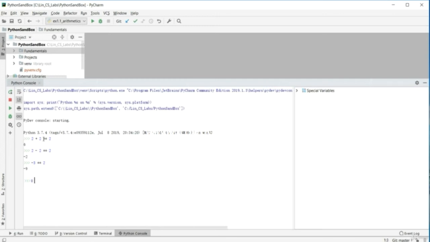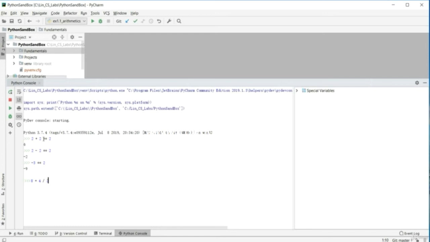Now let's check this division. You don't have to have space between the operand and the operator. I have space here just for better readability. Again, division has higher priority than summation or addition.